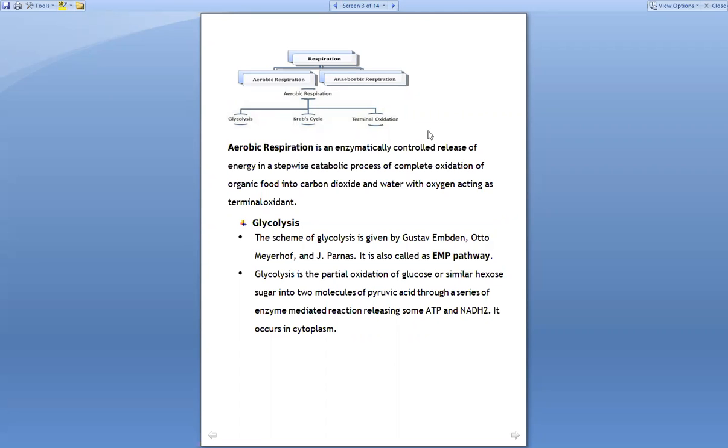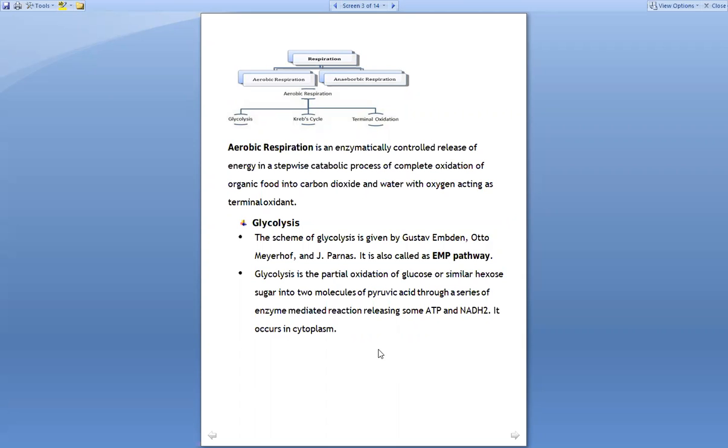One molecule of glucose is converted into two molecules of pyruvic acid, and this occurs in a series of enzyme mediated reactions. That means at each and every step enzymes are involved, and with their help some ATP as well as NADH2 are released. This process takes place inside the cytoplasm.